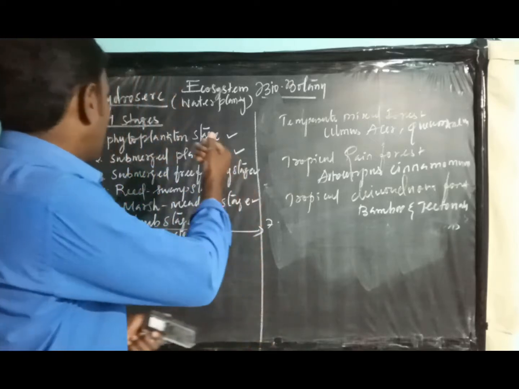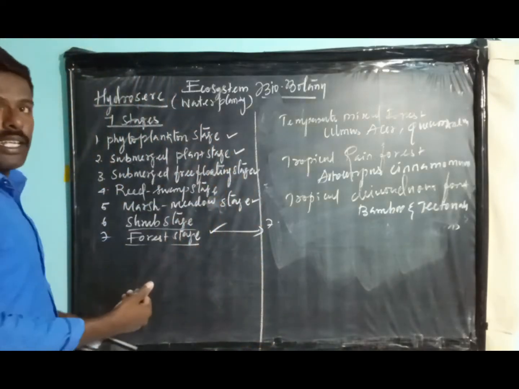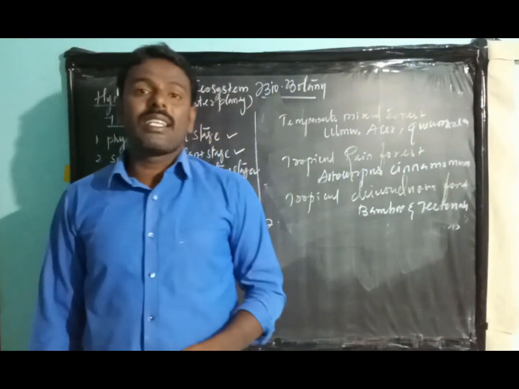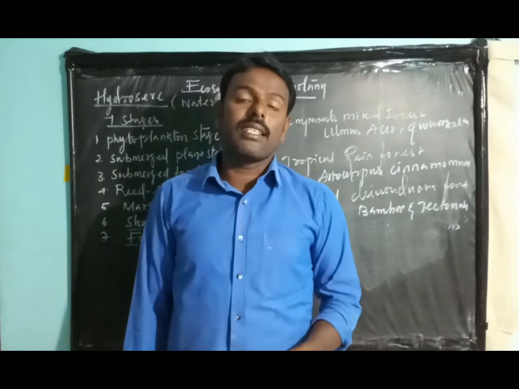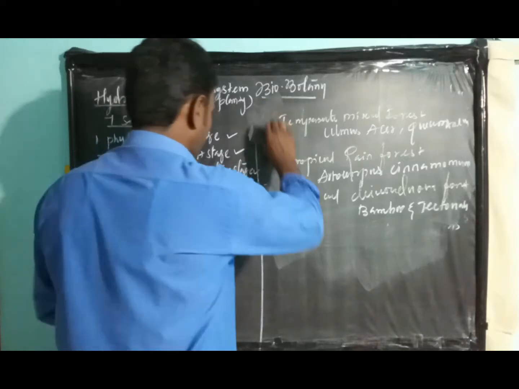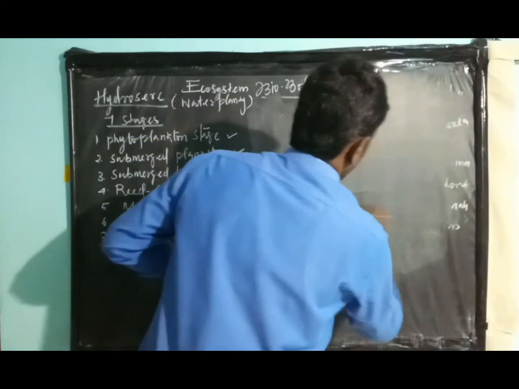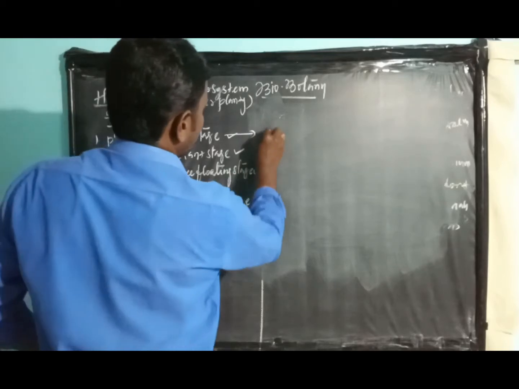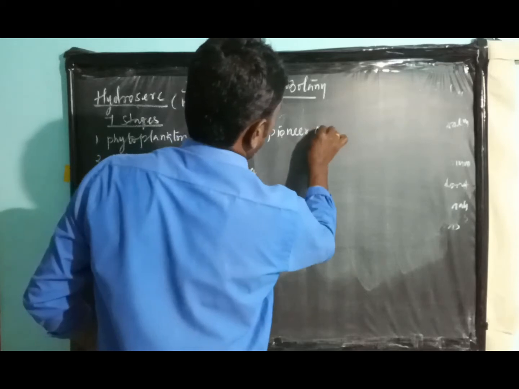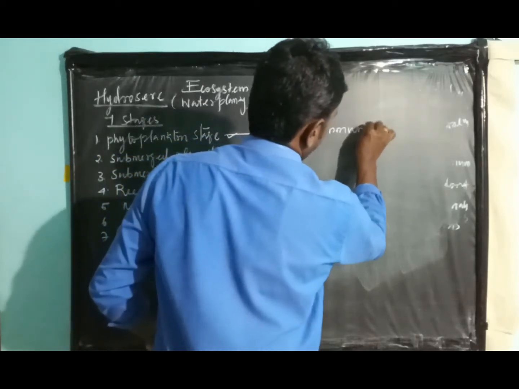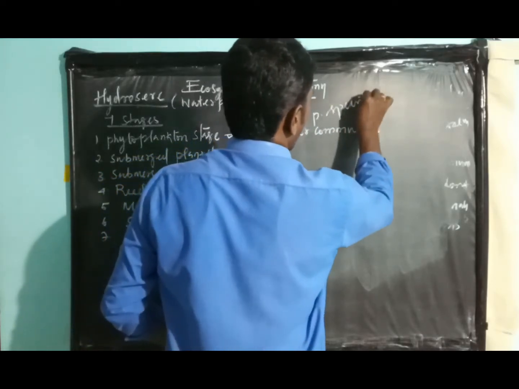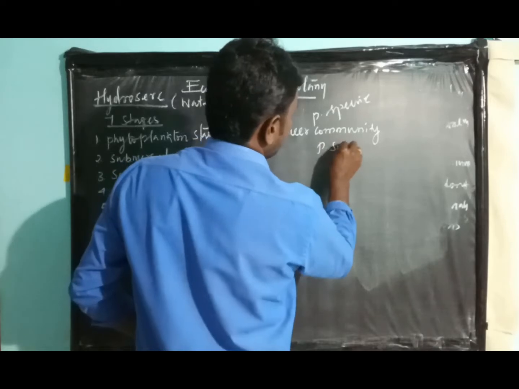So the hydrosere has 7 stages. Among them, the first stage is occupied by the pioneer community, also called pioneer species or primary succession.